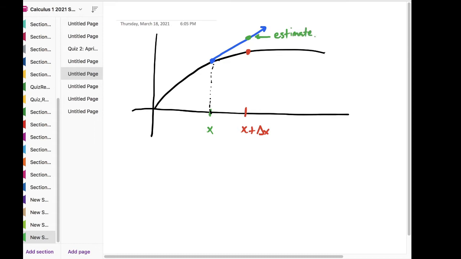So what is the estimated answer? It's our L of x plus delta x. Okay, so first of all, delta x was our change in x.